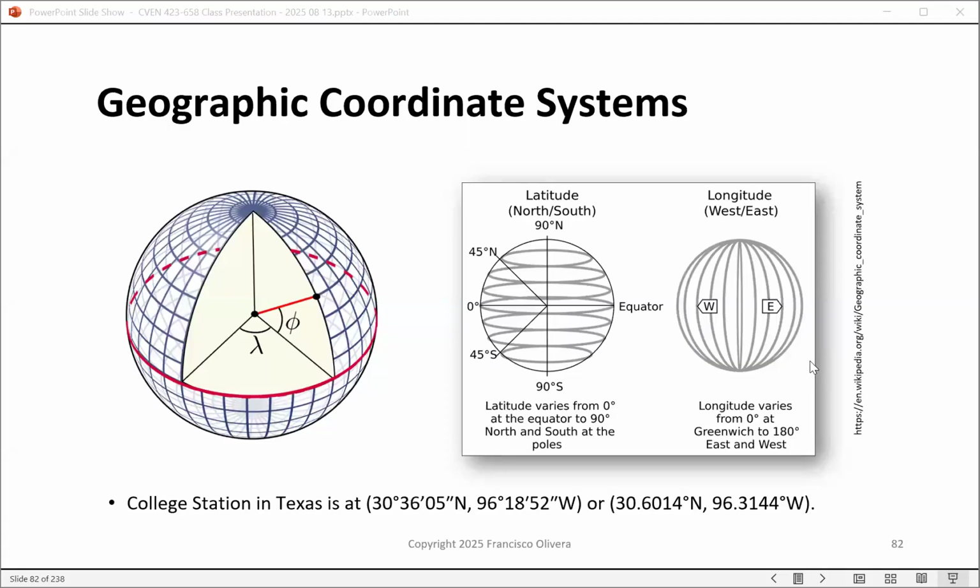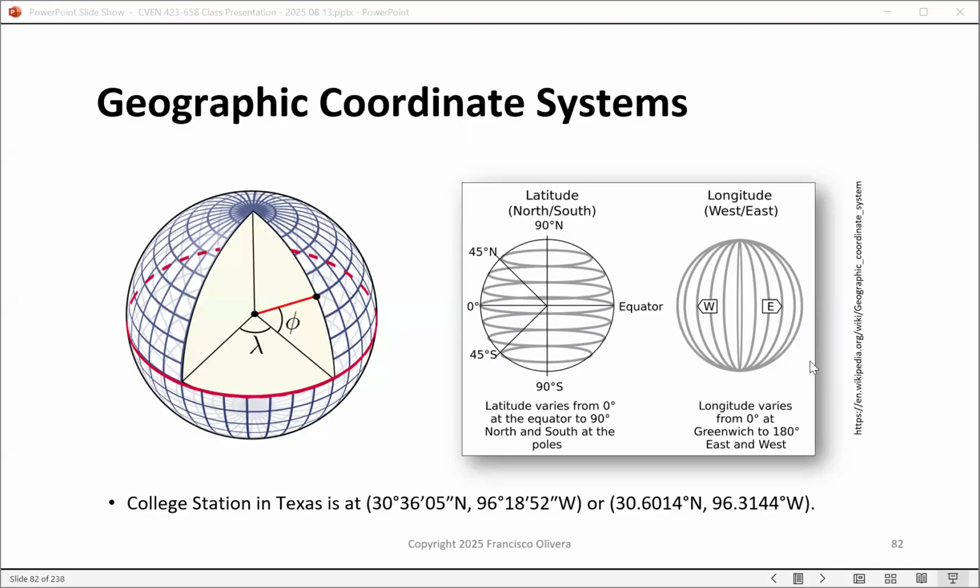So you can have a maximum east longitude of plus 180 degrees, and the minimum would be on the west side, which would be minus 180. So 180 positive, 180 negative, that is going to cover the entire Earth.